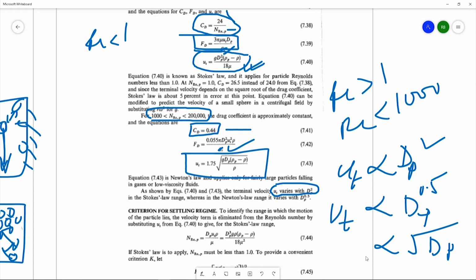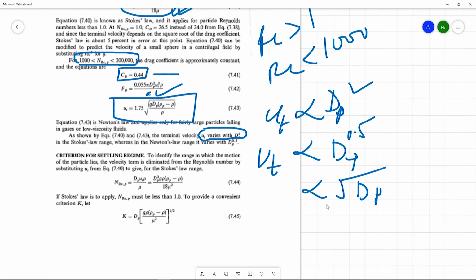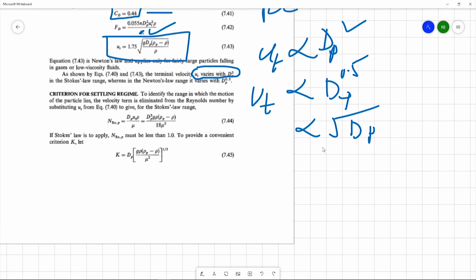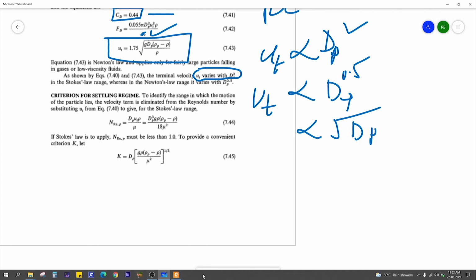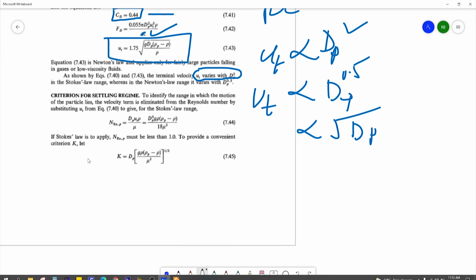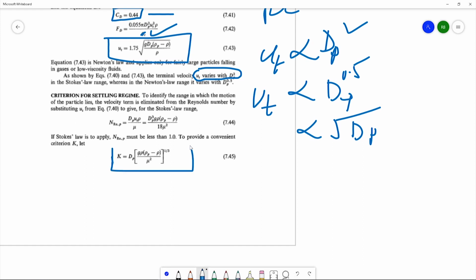Now, instead of calculating the Reynolds number to see which flow regime is there, you can also calculate the constant K, like this. Based on the K value, you can directly say which flow regime it is, whether Stokes regime or Newton's regime. So it will be easier.